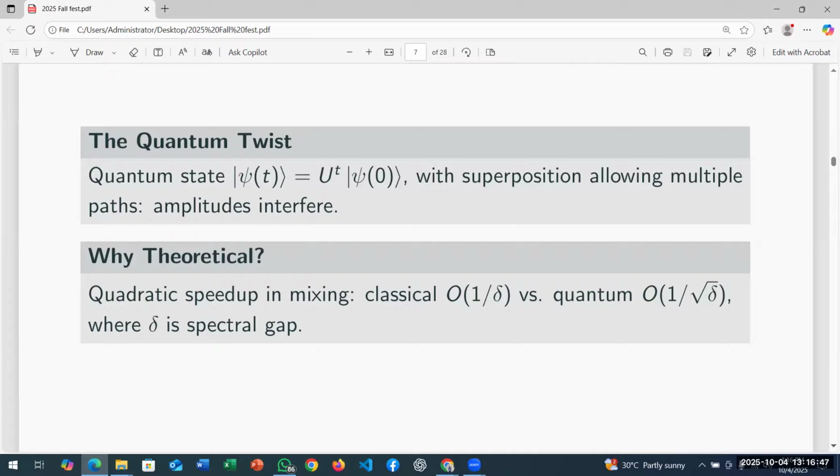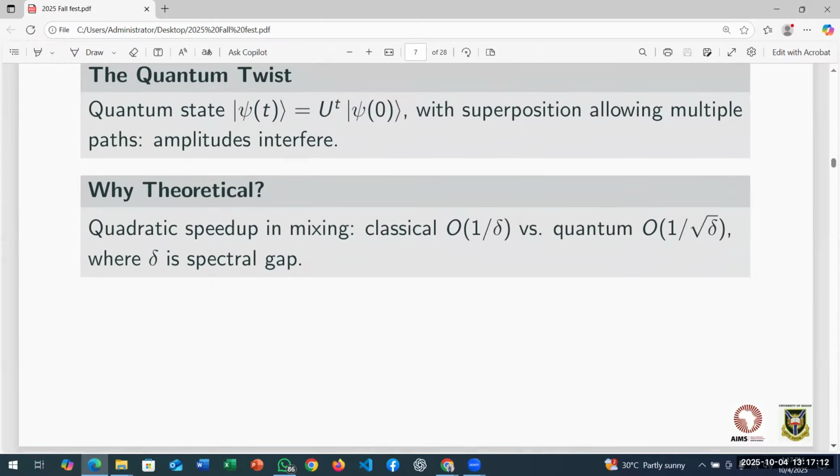Let me use that simple word. So classically, it is giving us 1 over the spectral gap, but the quantum is giving us a particular speedup, a quadratic one, which makes things and iterations faster than classical counterparts.